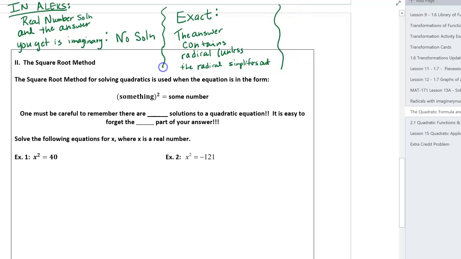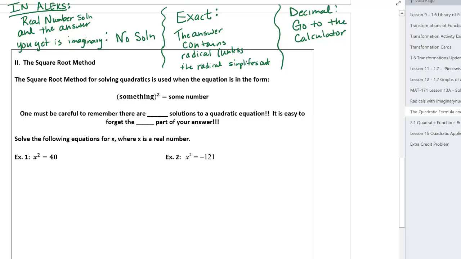And the third thing I wanted to point out is if they ask for a decimal answer, that is when you go to the calculator. Be very careful how you enter it, either enclosing the numerator in parentheses or hitting enter before you divide.